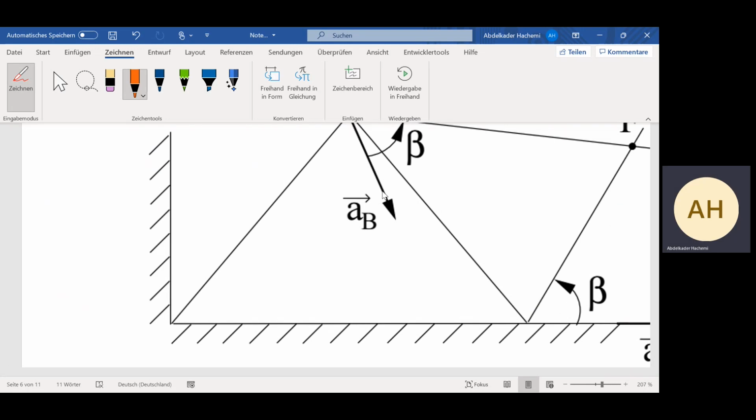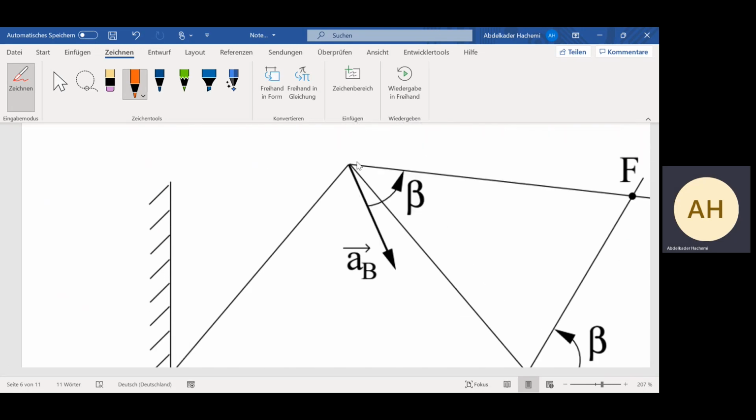We get here the magnitude and the direction of AB, the acceleration of the point B. We said to get the instantaneous center of acceleration, it's only counterclockwise. We rotate with the angle beta from the direction of the acceleration in one point.